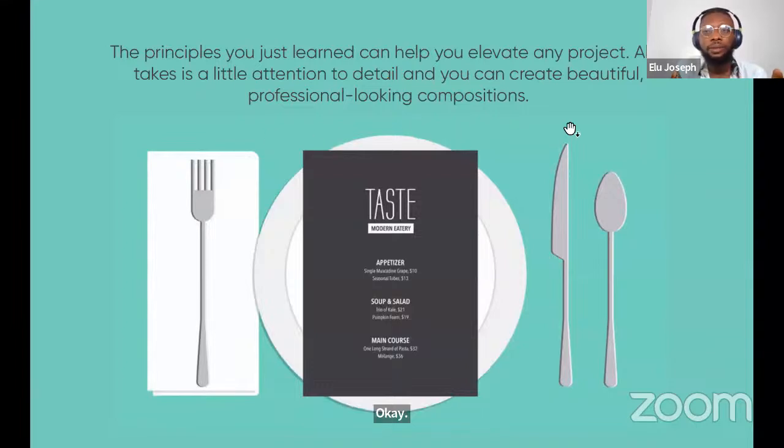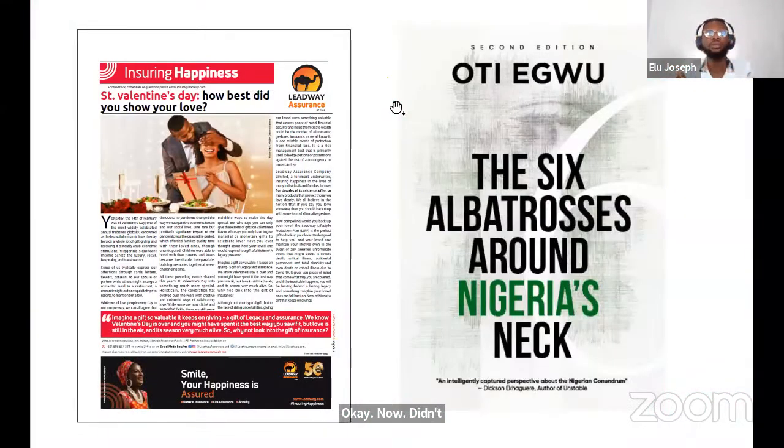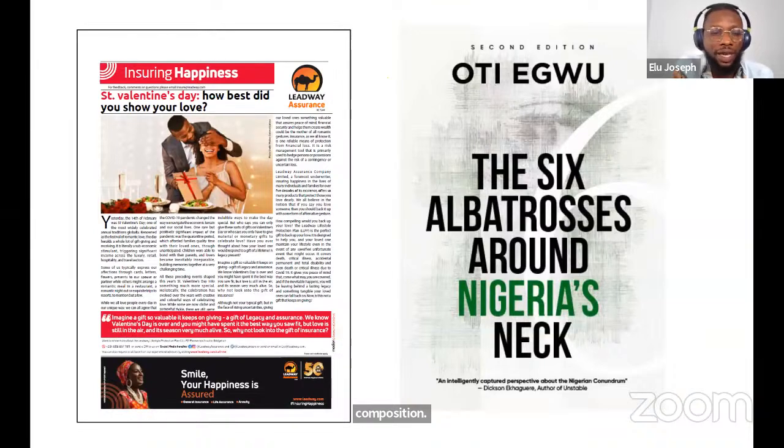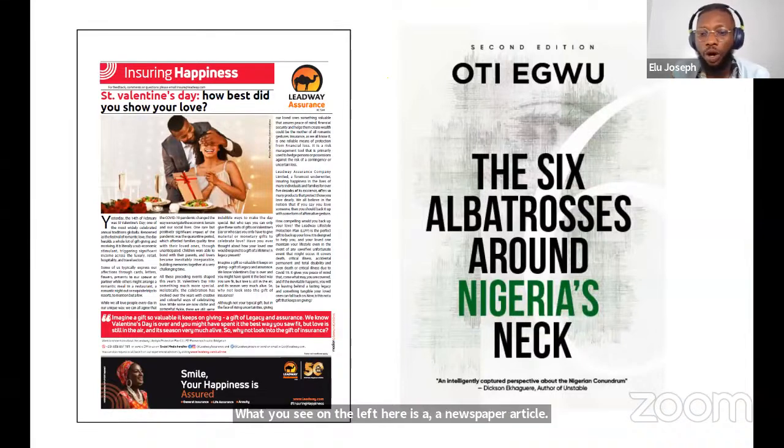Now, this is an example of a layout and a composition. What you see on the left here is a newspaper article. What you see on the right is a book cover.